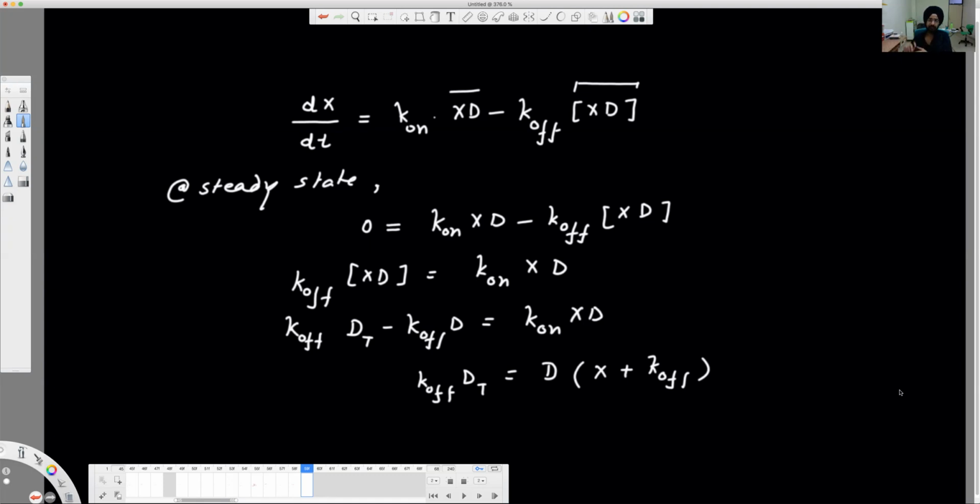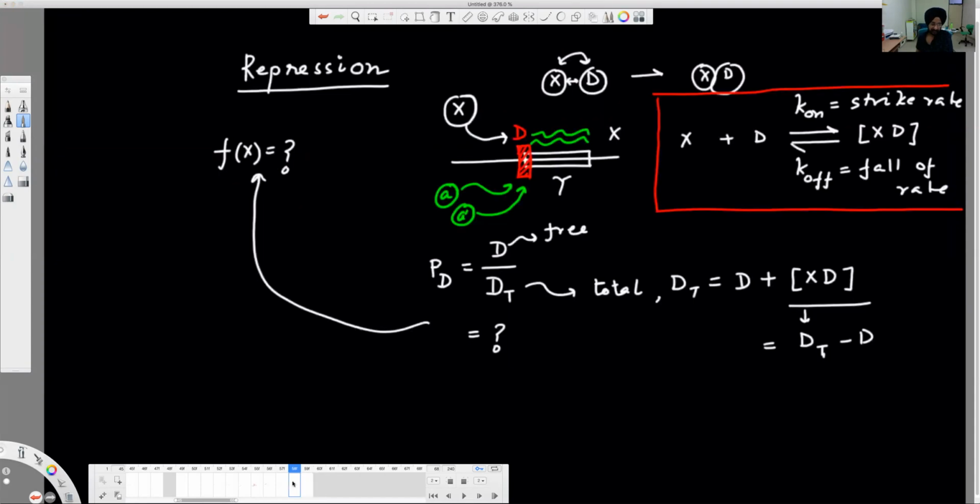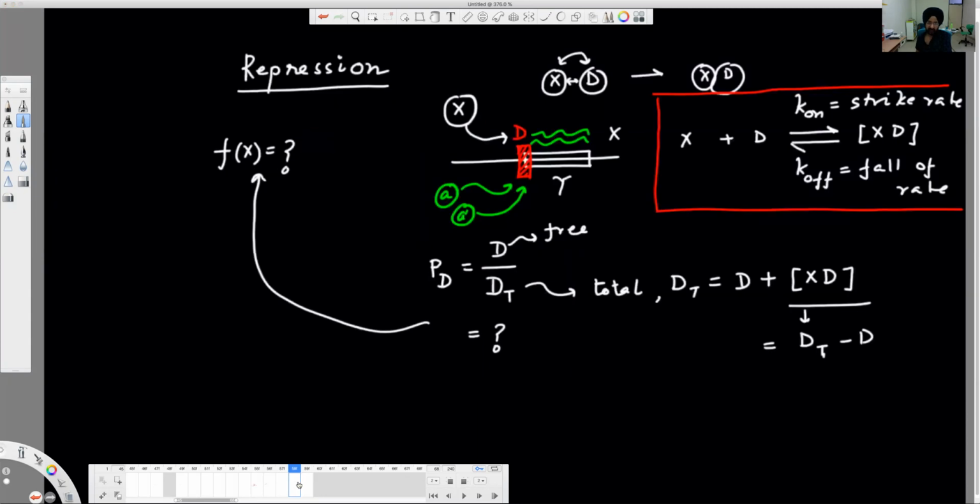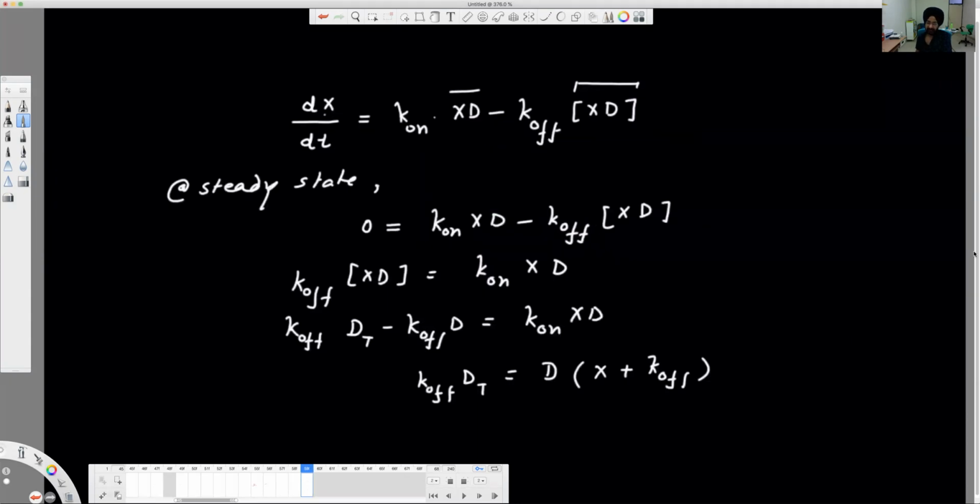Why plus? Because we are looking at the change in x, right? Oh no, so this is not x actually, so that's correct. This is the product, which is the xd, right? This is going to be the change in xd.